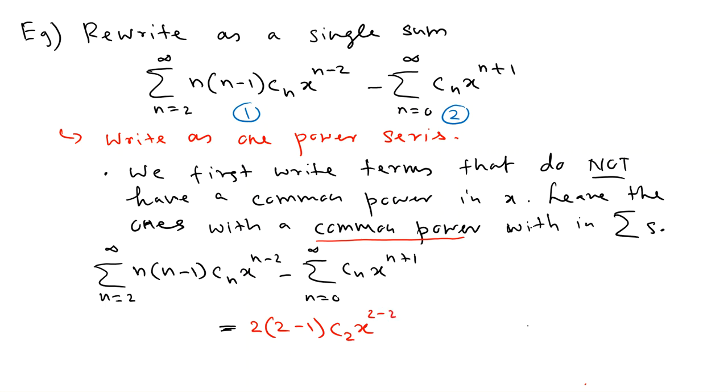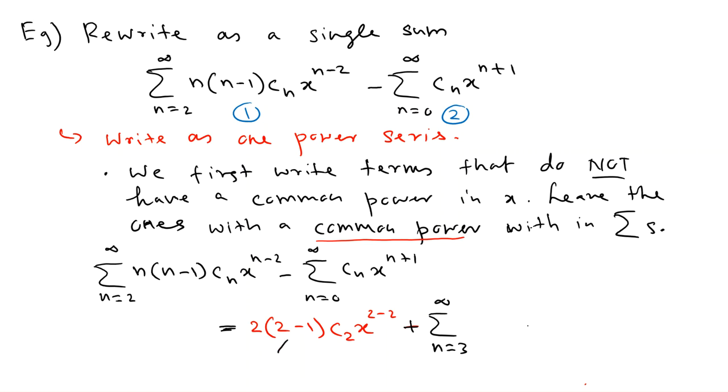And after that, when you apply n equals 3, you get x to the 1, and when you apply n equals 0 in the other one, you also get x to the 1. So that means they're going to match. So when you start producing the common terms, we write it starting with the next index, so that means n equals 3 to infinity.